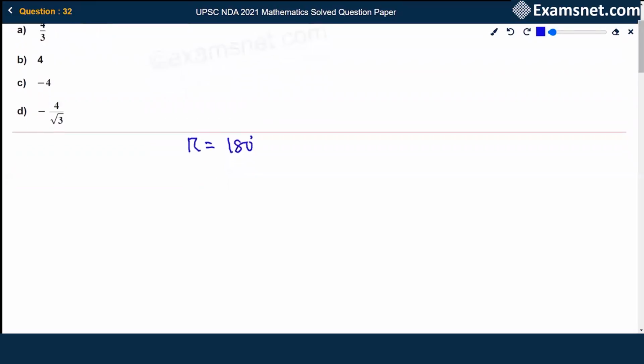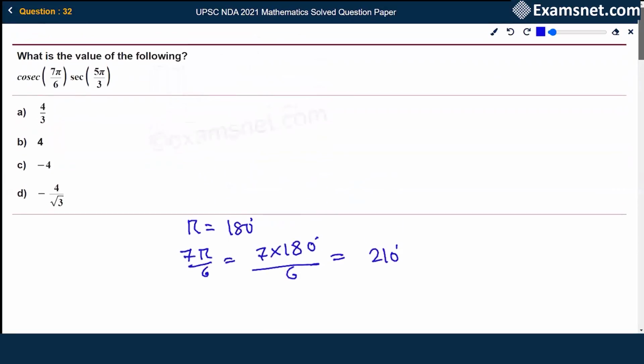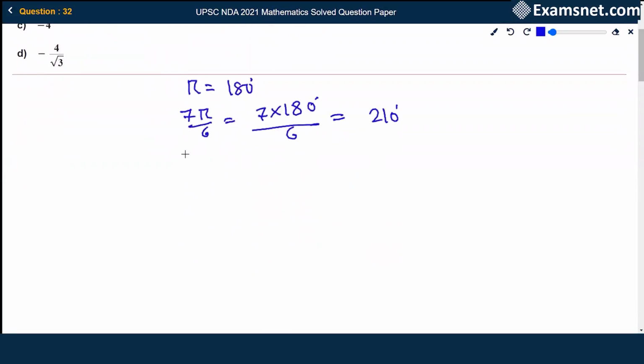7 pi by 6 in degrees, we can find it as 210 degrees. In the same way, let's find the value for 5 pi by 3. 5 pi by 3, 180 by 3 gives us 300 degrees.